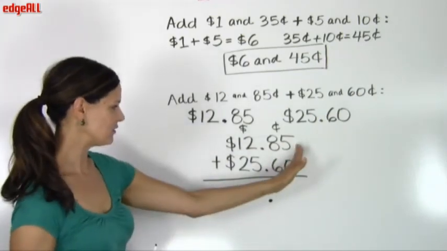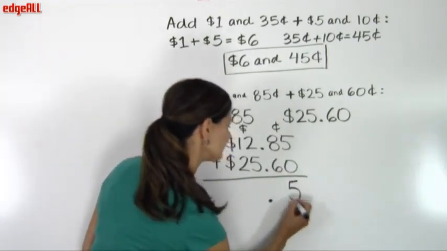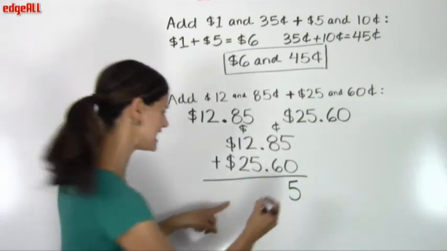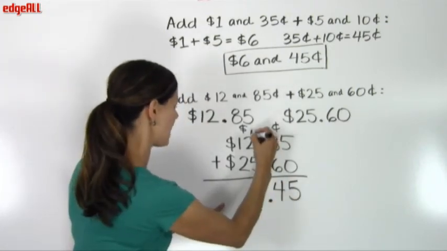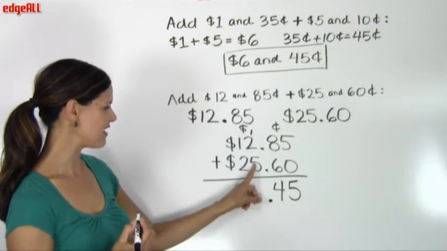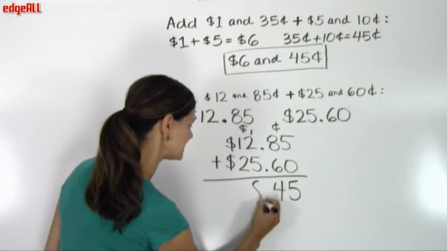So I start over here on the right hand side. 5 plus 0 equals 5. And then 8 plus 6 equals 14. I place the 4 here and carry the 1 from my answer 14 to the next column, and then I add 5 plus 2 is 7, plus that 1 that I carried is 8.